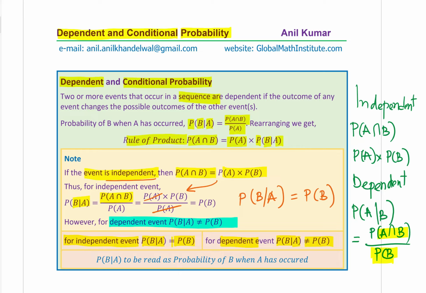Now, whenever we are using this term, it is to be read as probability of B when A has occurred. This bar which you see in between is the condition, as generally used in mathematics, correct? So the condition is that A has happened. This we need to find, and this has happened.